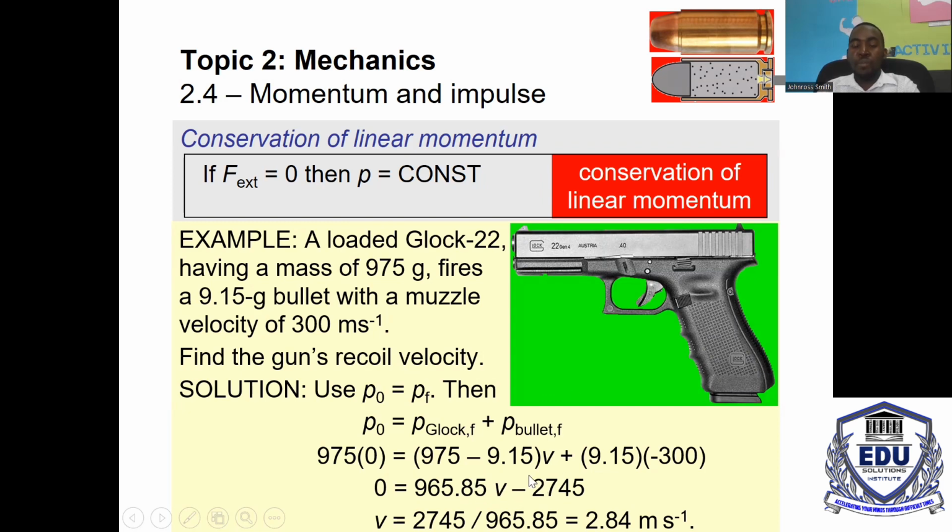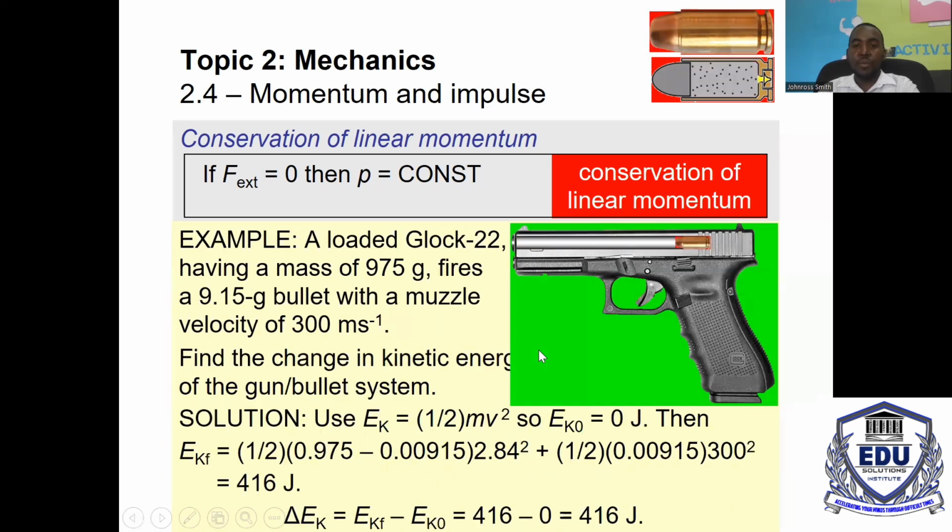And then it's minus, because the bullet is going to the left, so the velocity is negative 300 multiplied by its mass of 9.15. When we do that, we get a recoil velocity of the gun of 2.84 meters per second. This is still an inelastic collision in a sense because before collision they were one and after collision they separated. So it could be regarded as inelastic or as an elastic collision, because after collision they did separate from each other.